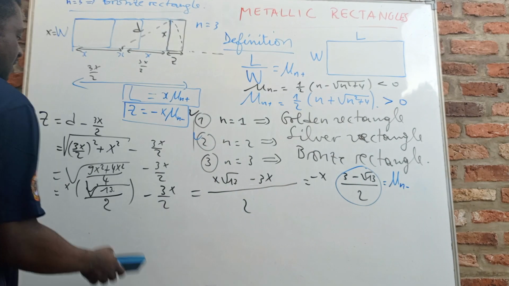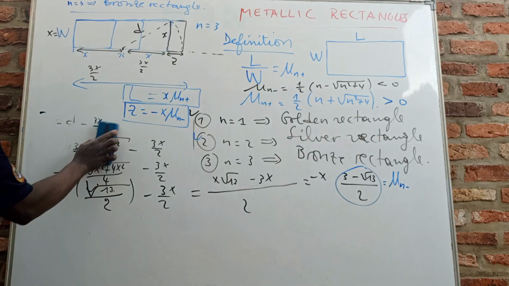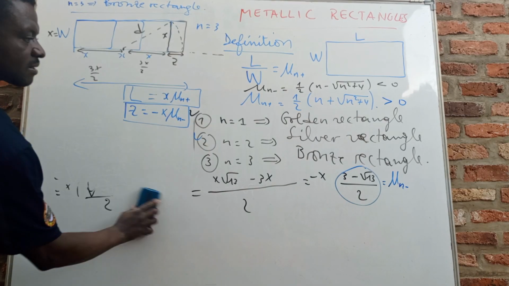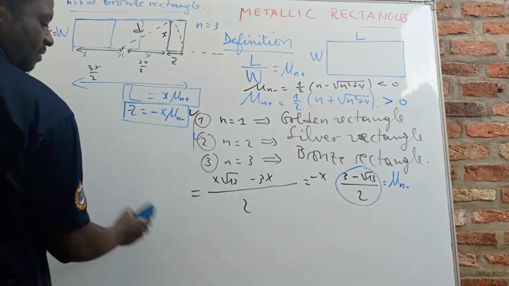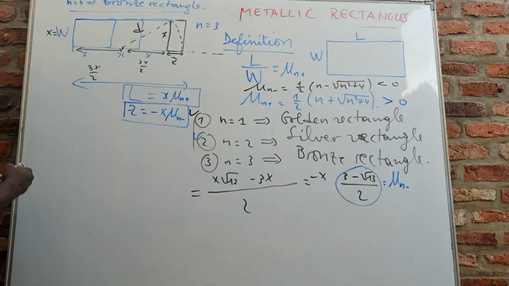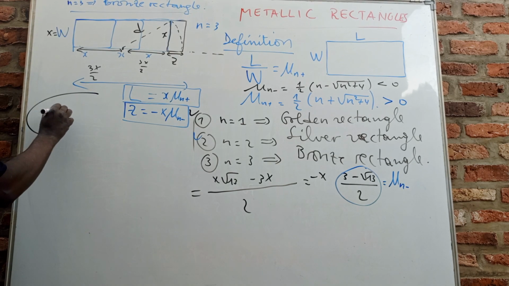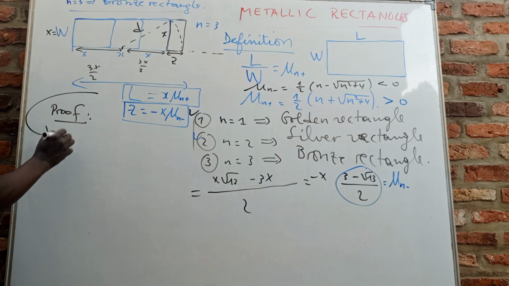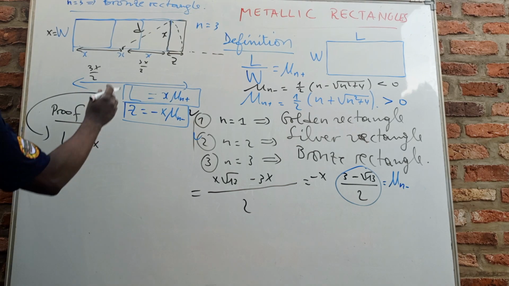And to prove the second, we are going to use z, which is equal to negative x times the conjugate of the bronze ratio. Okay, so how to prove this relation? So, proof. We're going to have L equal to x 3 times.